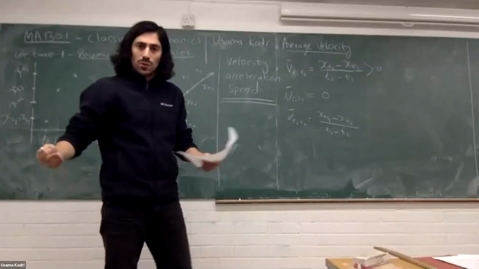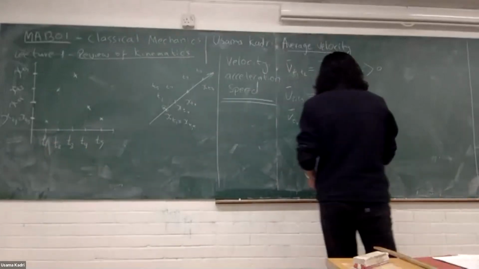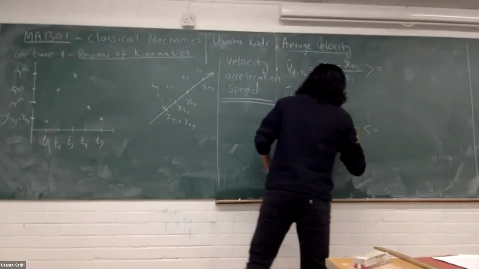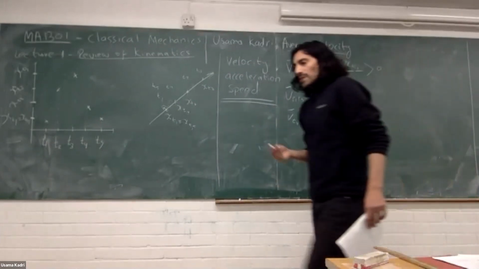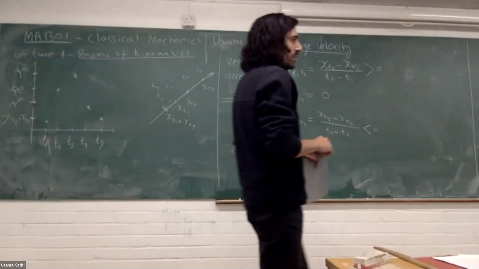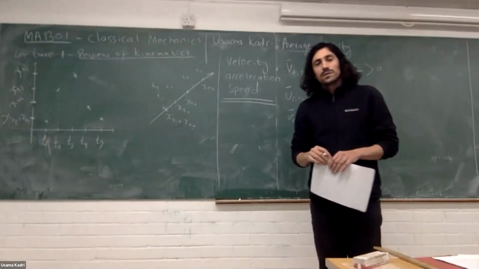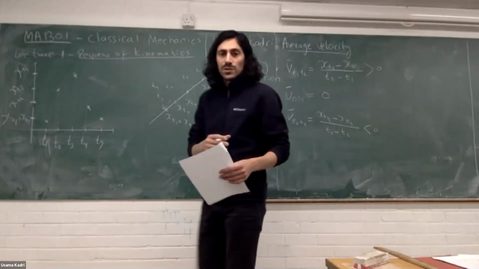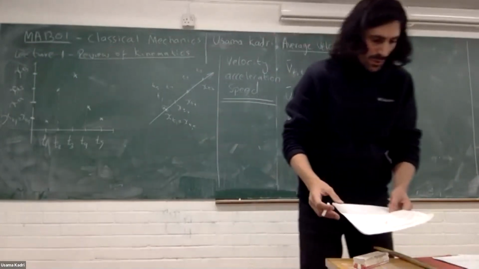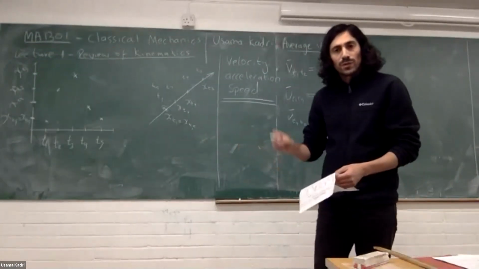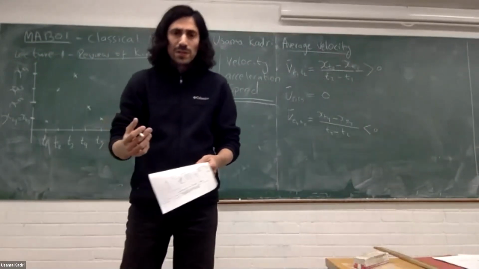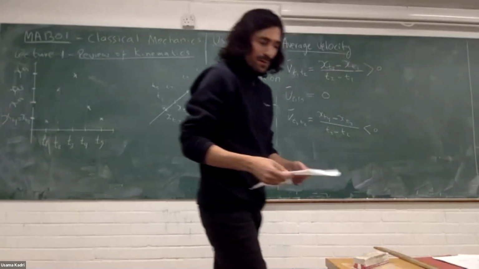Now, t4 minus t2 is always positive, right? So this is smaller than 0. The first thing that we observe is that when we talk about average velocities, we can have a value which is larger than 0, a value which is equal to 0, and a value which is smaller than 0. So the signs here are very important. Whenever you're discussing the average velocity, the signs are very important.